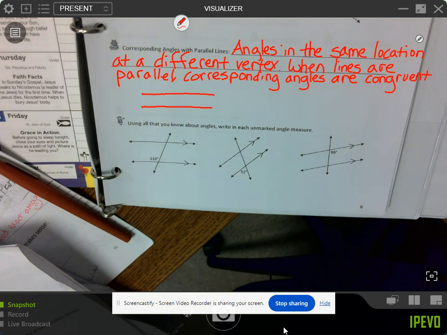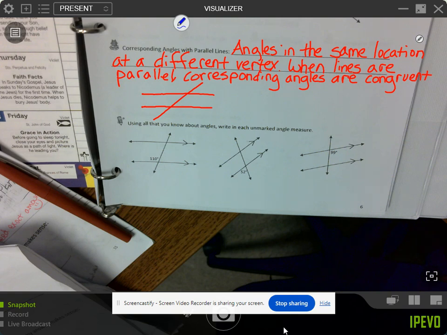And if they are corresponding angles on parallel lines, what do we know about them? They are what? Congruent. What does congruent mean? They're this exact same measurement. So, if I have my parallel lines and I have my line cutting through, this is what they're talking about. Same location.